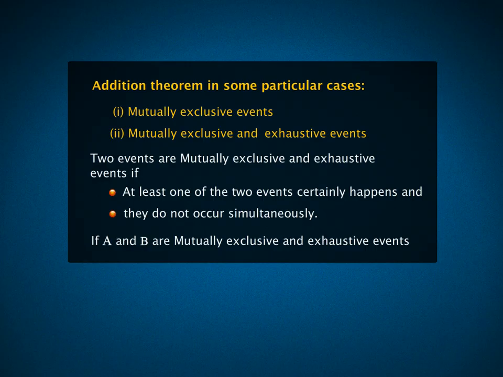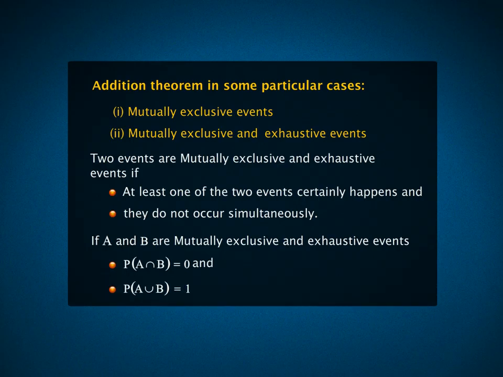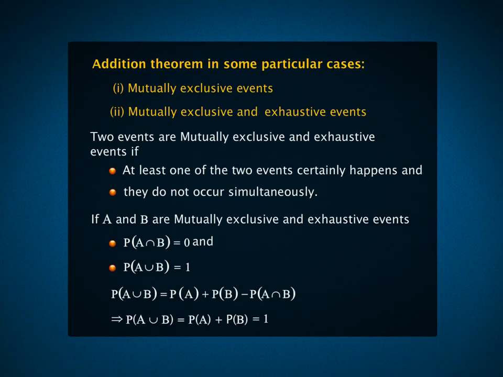So, if A and B are mutually exclusive and exhaustive events, the probability of set A intersection B is 0, and the probability of their union is unity. Applying the addition theorem of probability in such a case, we find that the probability of at least one of the events A or B is equal to the sum of their probabilities, which is equal to 1.